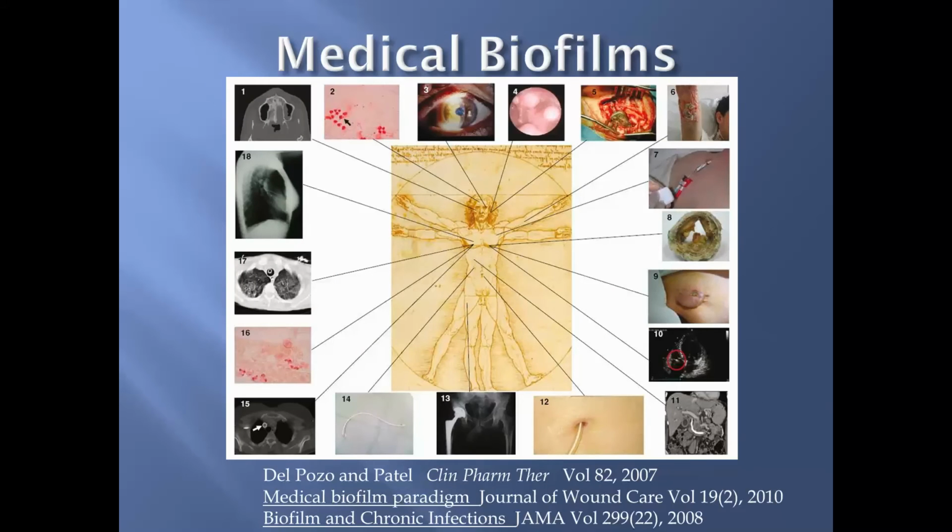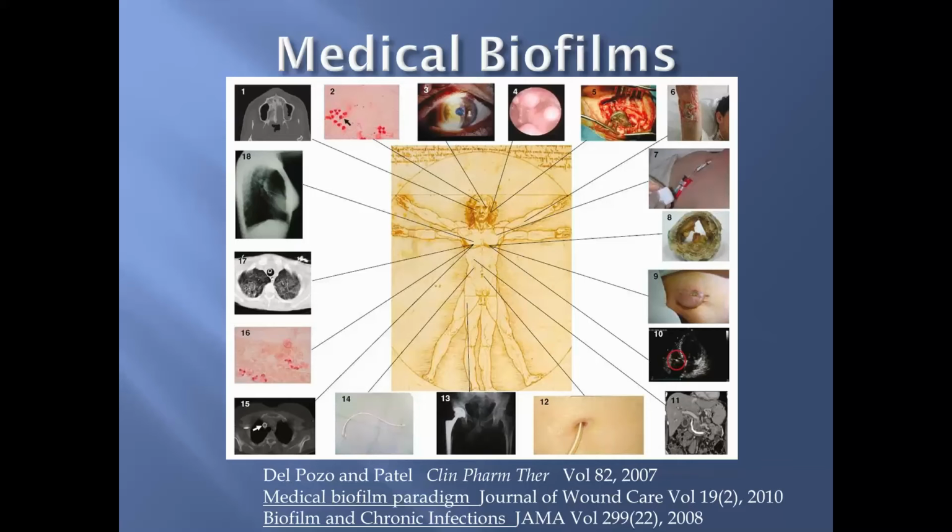And if we look at all medical biofilms, the chronic infections where the authors have said this is a disease that's being caused by biofilms, such as chronic sinus infection in panel 1, or a chronic wound in panel 6, or infectious endocarditis, an infected heart valve in 8.